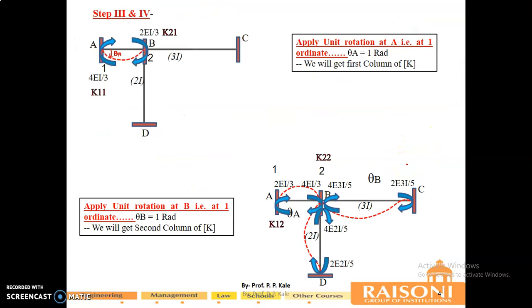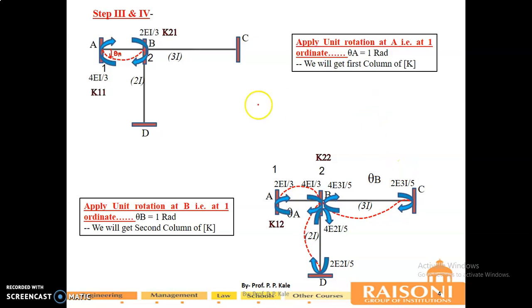Now in step number 3, we are going to formulate a stiffness matrix. Before formulating a stiffness matrix, we should know the stiffness matrix elements. For that, you have to consider every joint where you have determined the kinematic indeterminacy and apply that rotation or deformation, whatever you are having at that point, one by one at both the ordinates.